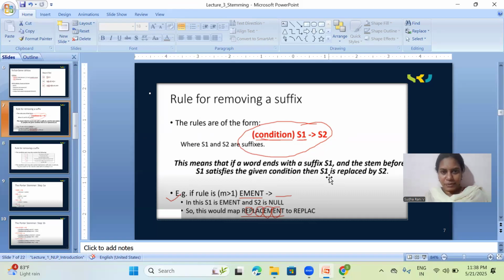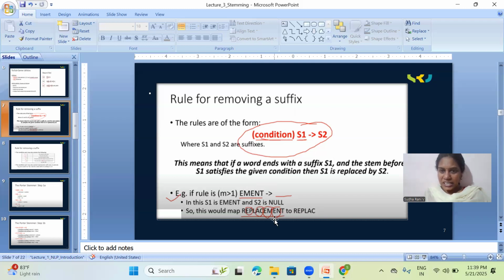We will take one example. EMENT: if the rule is m greater than 1, here S1 is EMENT and S2 is null. So this would map replacement to replace.